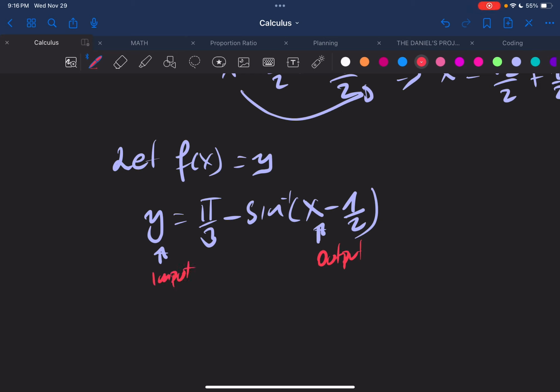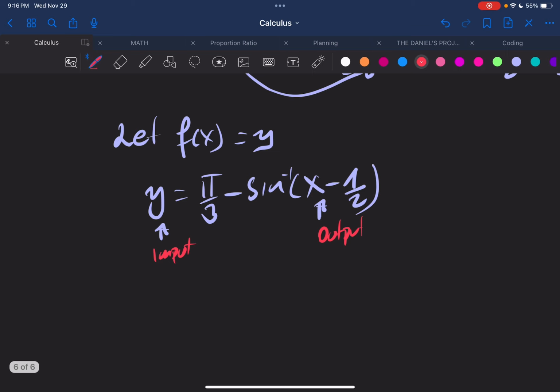One of the ways you can do that is you can immediately try to solve for x here. But what I like to do, because I always like to work with y, is change those two. I'm going to change the position and try to solve for y, which is still the same as solving for x in this case, where x is becoming your inverse function.